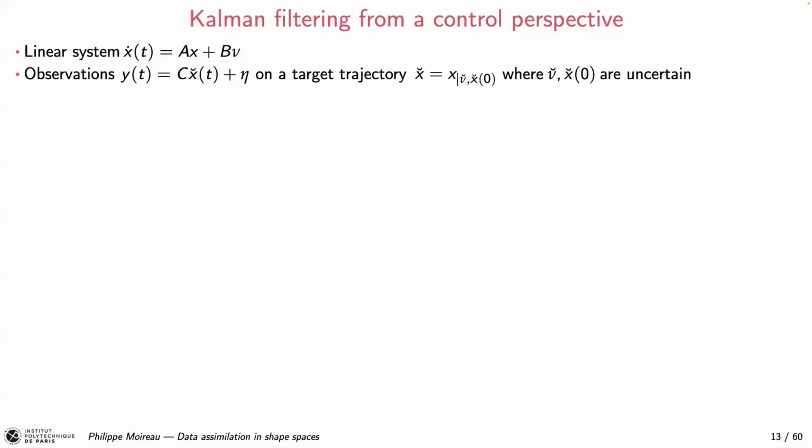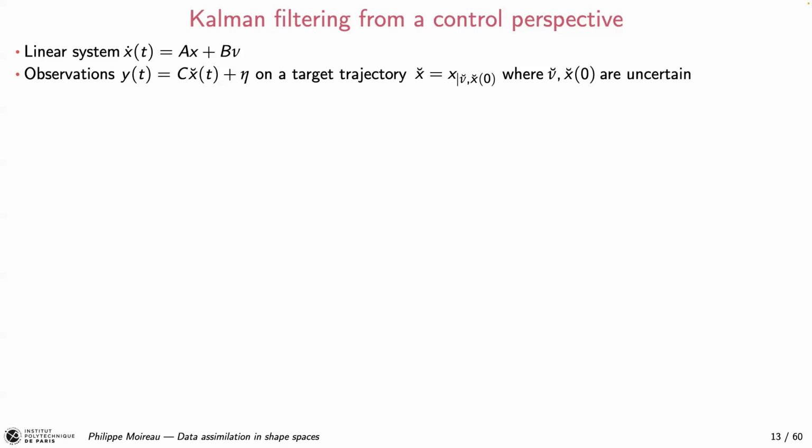It's called X change here, and on this you get observations. So you measure something on one trajectory of this system for a source term and an initial condition that you don't know. So you can't simulate the true system, but you have this. The question is how to reconstruct the most plausible solution that is compatible with these two.